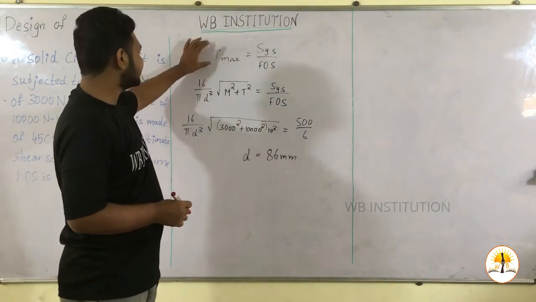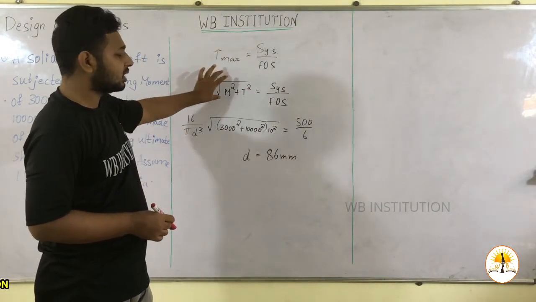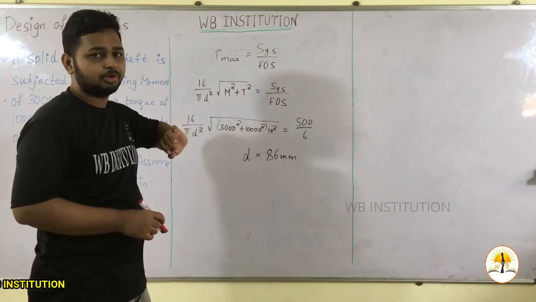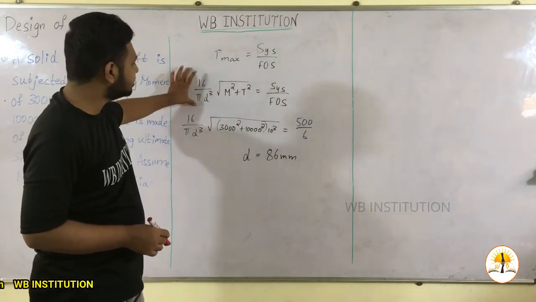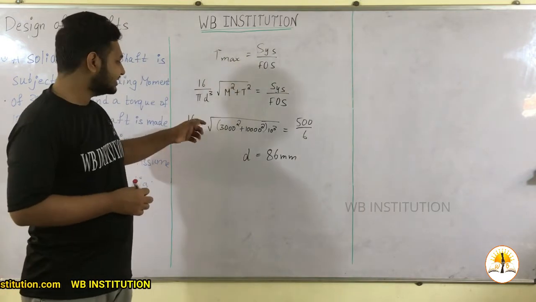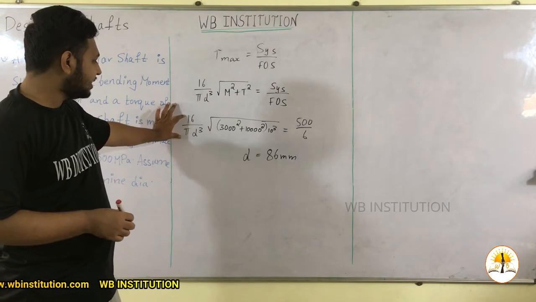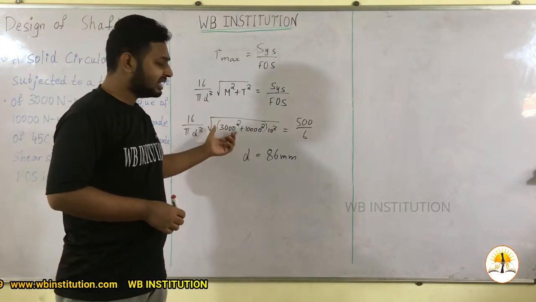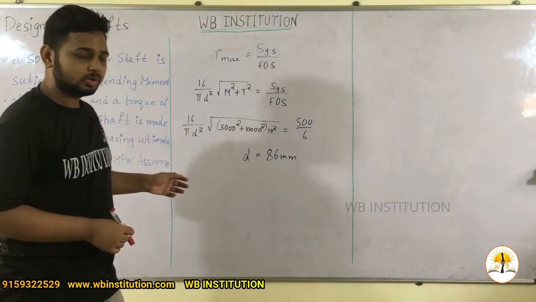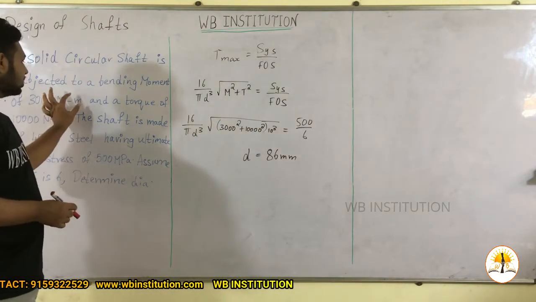So tau max is given by 16 by pi d cube root of m square plus t square equal to SYS divided by FOS. If we substitute the values of m, t, SYS and FOS, the equation is written as 16 by pi d cube into root of 3000 square plus 10,000 square into 10 cube. Why? Because the values are in Newton meter.